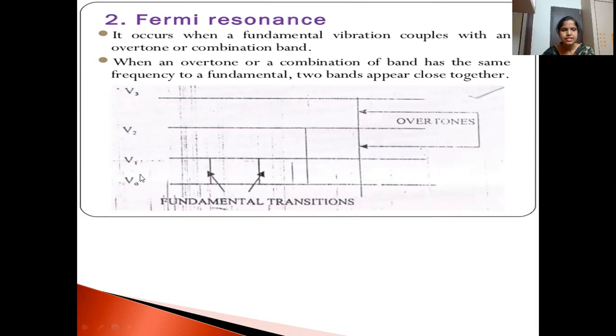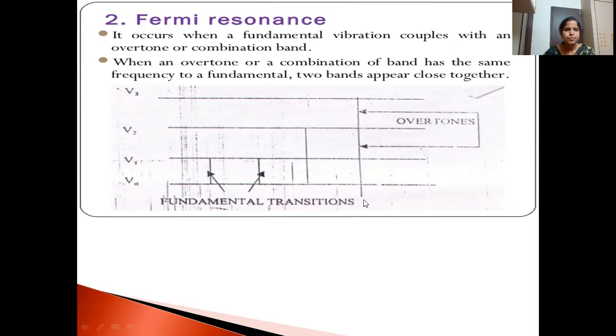When it is absorbing IR radiation, the transition from V0, the ground state vibrational energy level, is getting excited to the first excited vibrational energy level, V1. If the transition takes place from V0 to V1, we call it a fundamental transition. These fundamental transitions are unique for each functional group present in the compound.